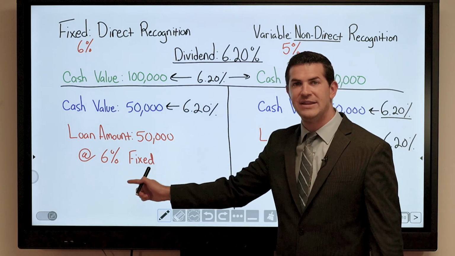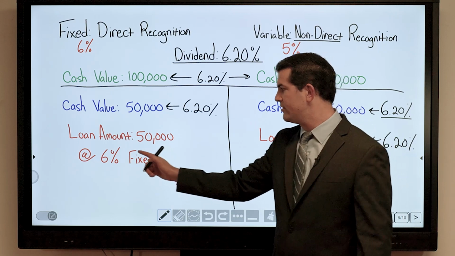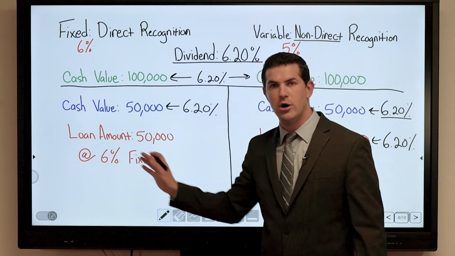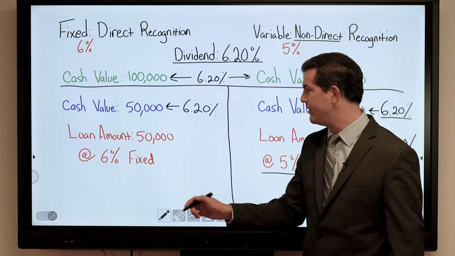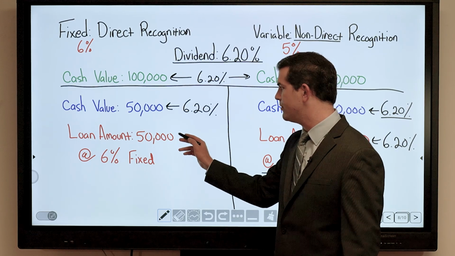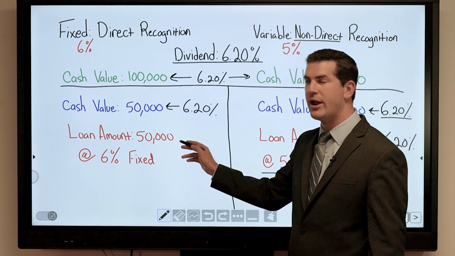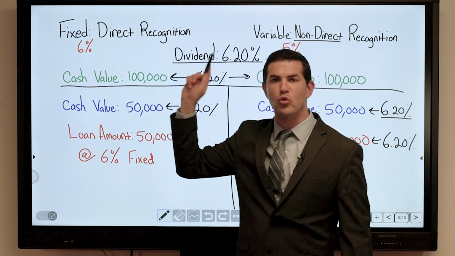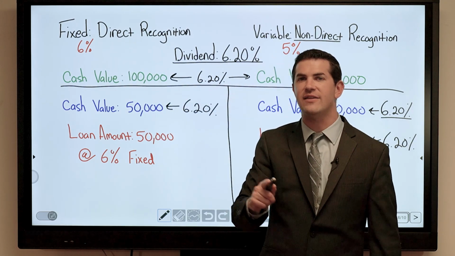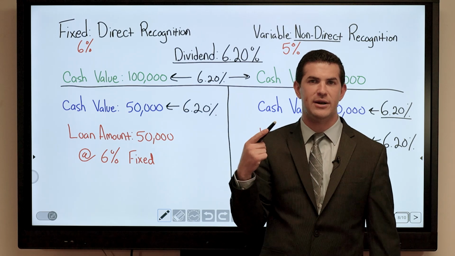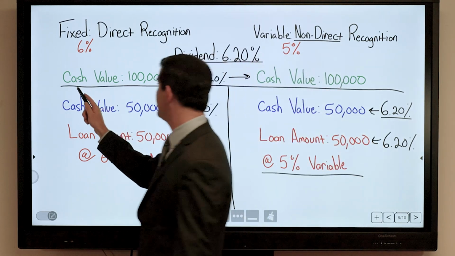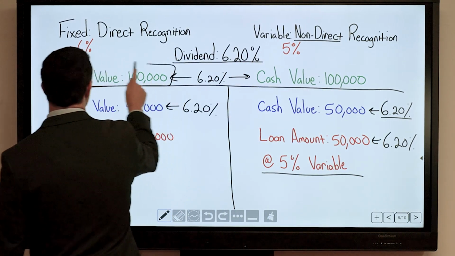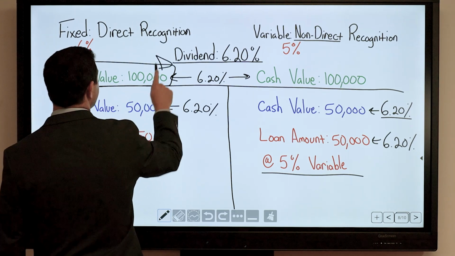Now, I take a $50,000 loan out. 6% cost to borrow, again, goes to the insurance company. What happens here? The $50K that I loaned out, direct recognition. They directly recognize the fact that I take a loan from the life insurance policy. They still pay me a dividend. I'm still earning dividends on this entire bucket of money.